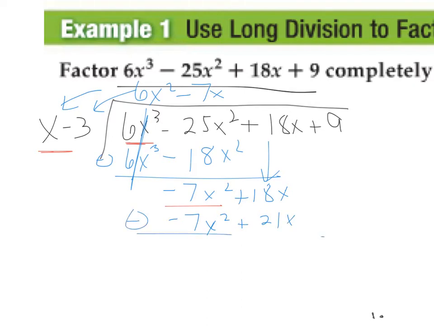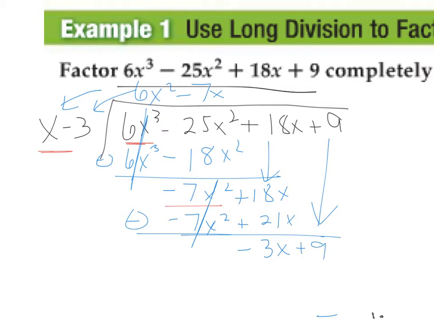And then subtract. And your negative x squareds will cancel, and I'm going to get negative 3x. And again, I have to have 2 terms to work with, so I want to bring down that 9.